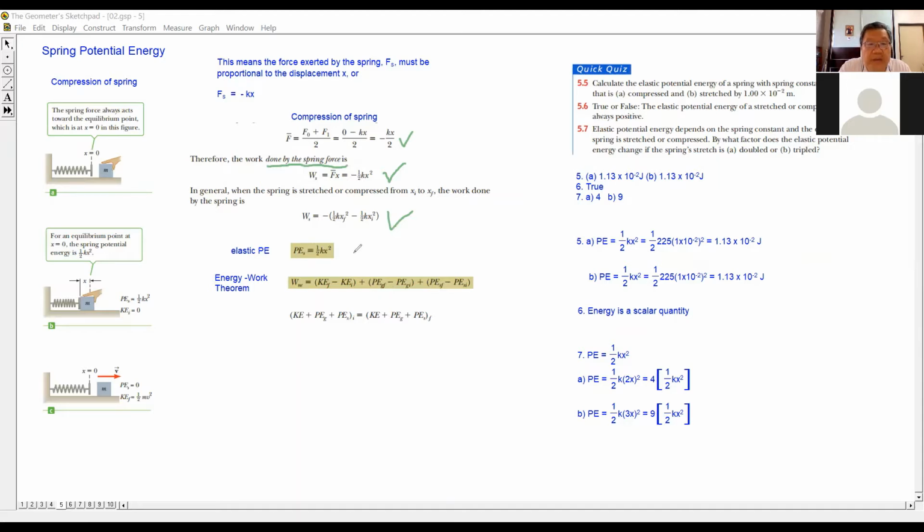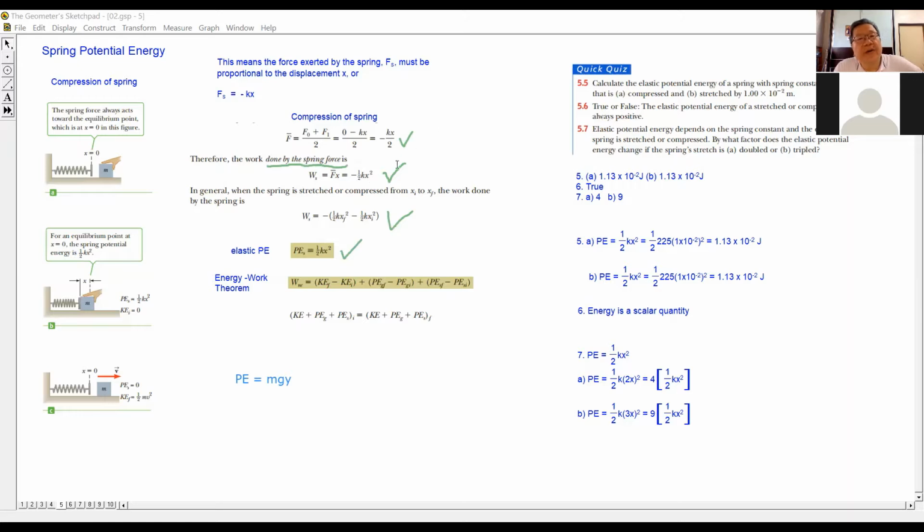This one is the spring potential energy, right? The gravitational potential energy formula is different. The gravitational potential energy is mgy. This one is not mgy, this is half kx squared. So half kx squared is the potential energy of the spring. The other potential energy with a small g at the bottom is the gravitational potential energy.